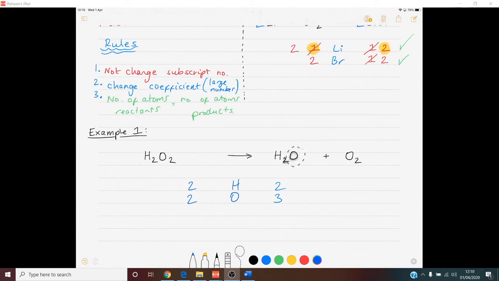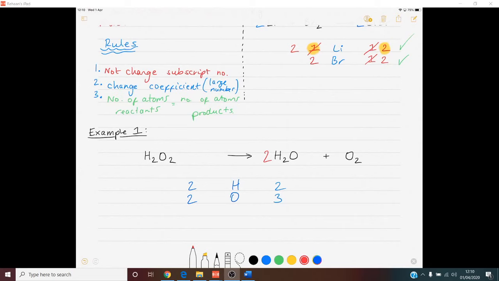There's only 1 there, it's an odd number, and that's what's throwing the total completely out. So what we're going to do is try and get rid of the odd number of oxygens over here, and we're going to put a 2 in front.